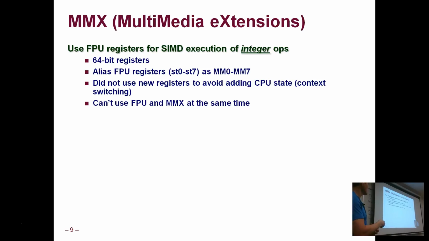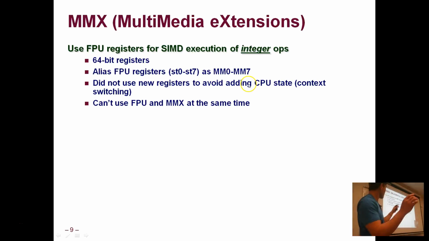So the idea here was the floating point unit. The old floating point unit had 64-bit registers to support the double. And so back in the 90s, they decided to try and reuse the floating point registers, which were 64-bit, to do vectorized integer operations. So this is the very first attempt at this.